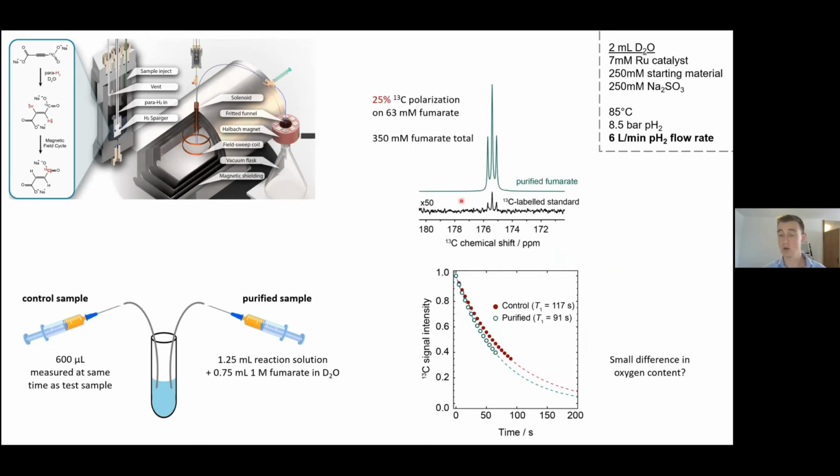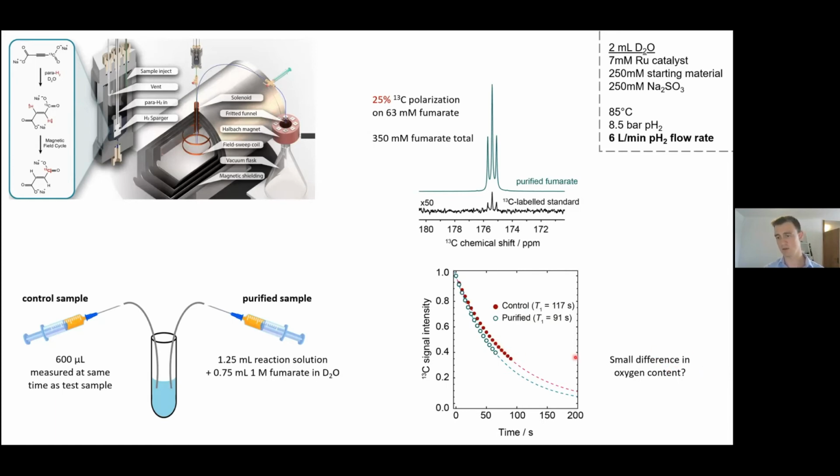Okay, so overall, when we do this procedure, we end up with 25% carbon polarization on 63 millimolar fumarate in solution, with the caveat being that it's actually 350 millimolar in total because we'd added this unpolarized fumarate. And here we have the T1 times of the 2 solutions in the high field magnet.